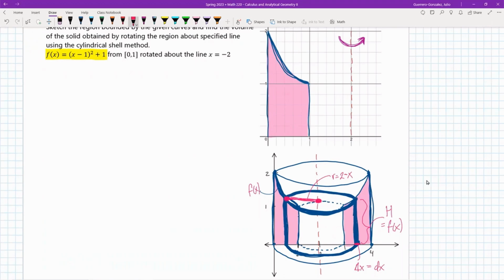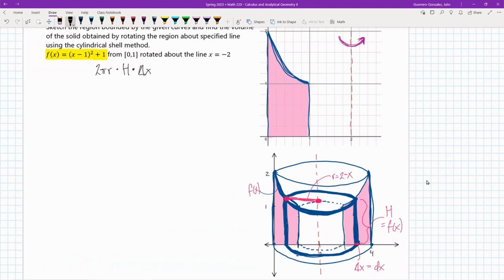So now, this is where I don't want to say deviate from our formulation of the cylinder, but we're going to step back and do this version of it, 2 pi times r times h times delta x. We have to step back to this one, okay?